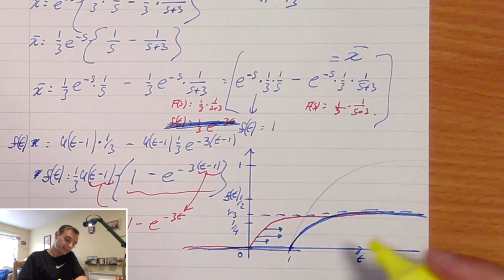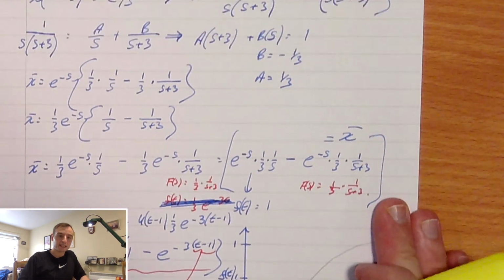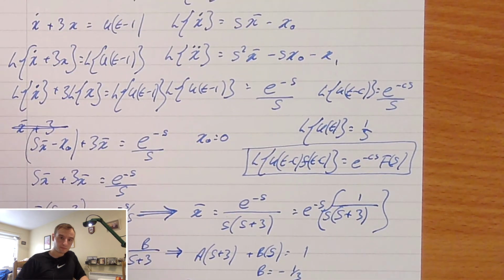The other thing to note here is looking at the response, which is the blue line, and also taking into account the input. Do you remember what the input was, right at the beginning of the differential equation?